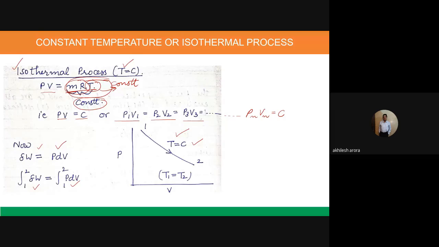Now we have to use some value of P so that I can integrate, because P cannot be integrated with dV actually. So from this particular equation, I can find out the value of P. P will be equal to C by V.